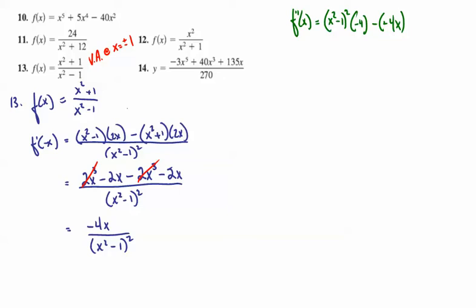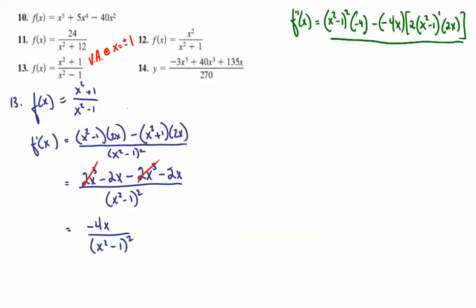The outside function is something squared. So we'll bring down the 2, leave the inside alone, reduce the exponent, and multiply by the derivative of the inside, and then we're done. And that will all be over the denominator squared, which is now x squared minus 1 to the fourth power.